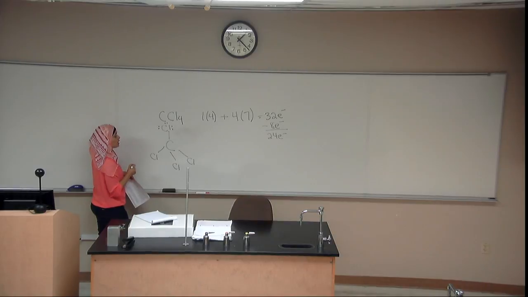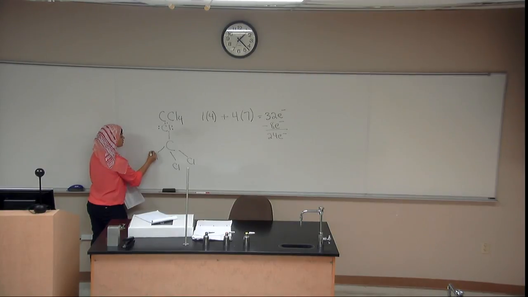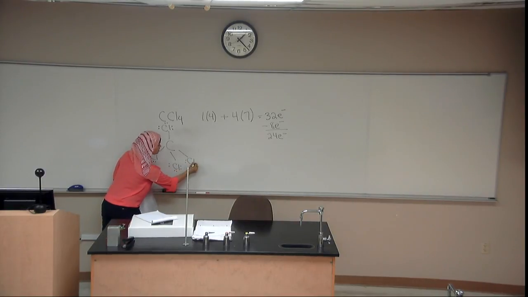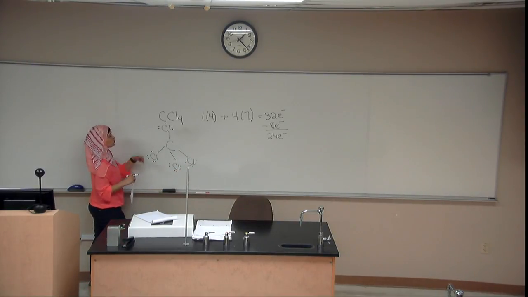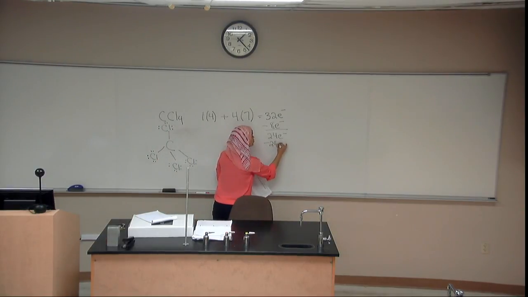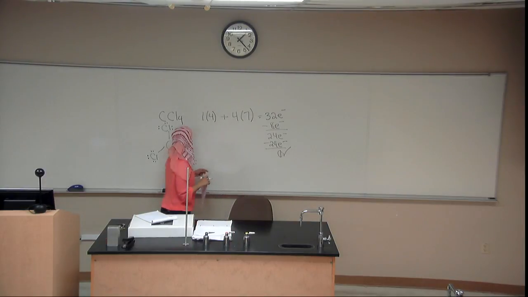Same thing with this chlorine and this chlorine and this chlorine. So that's 6 here, 6 here, 6 here, and 6 here. So 6 times 4, that's 24 electrons used. We've got none left, and that's good.